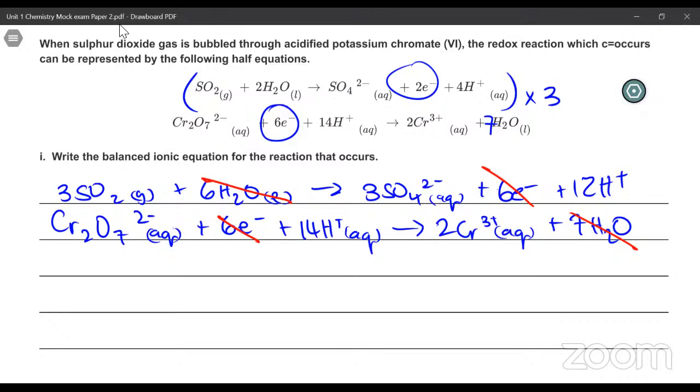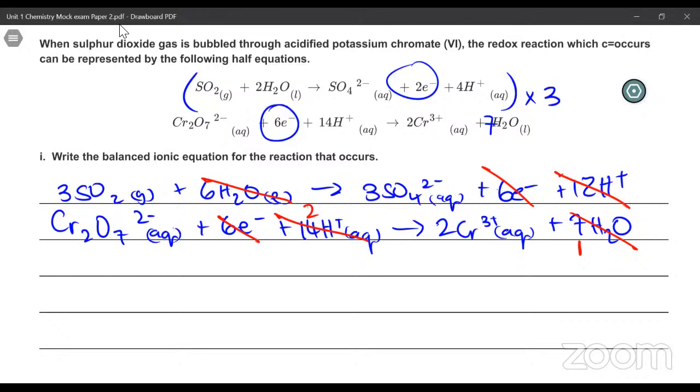Now, what else do we have in common? We have the H+ ions. We have 12 up here, so 12 will cancel only 12 of the 14 here, so you'd be left with 2 H+ ions.